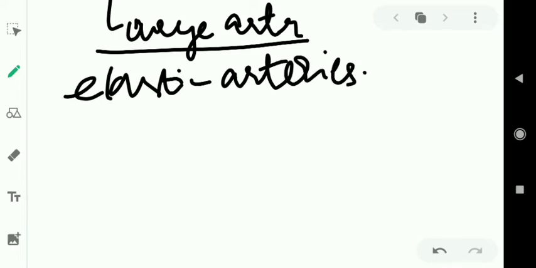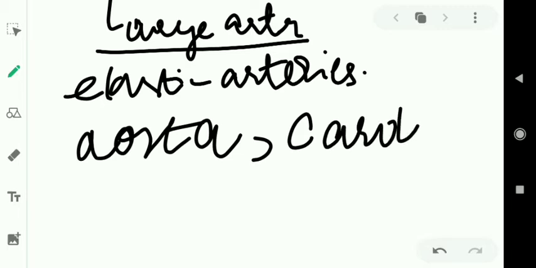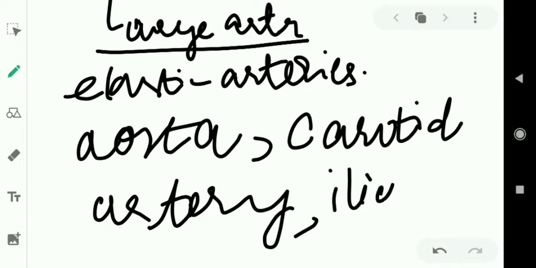So what are the arteries which come under elastic arteries or large arteries? First, your main one will be the aorta, then you can include your carotid artery, and you can also include your iliac arteries.